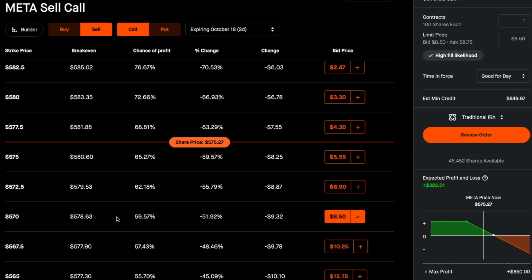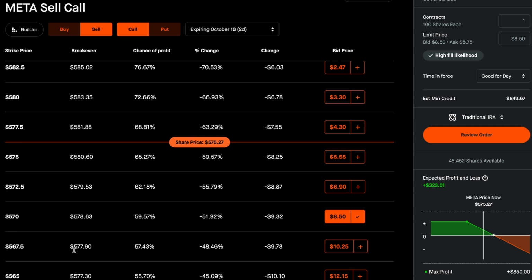But if we sell this contract and a person turns around and exercises it right away, I've never had that happen. I've only had it exercised on the expiration date, but they could. Okay, and we get assigned. We would have to sell our stock at $570. So we would be taking a $5.27 loss on our stock. But remember, we have the time value, and the time value is $3.23.